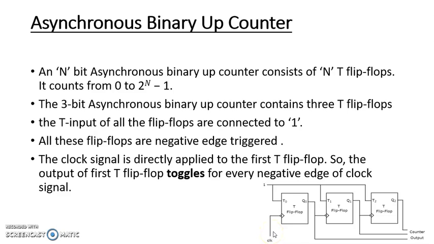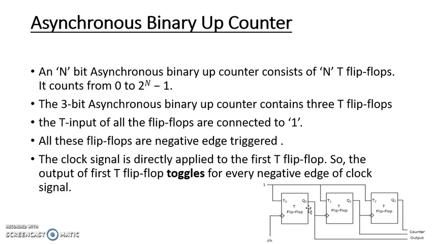Here only the first flip-flop's clock input is connected to the original clock pulse which is to be counted, whereas the second, third, and so on, however many flip-flops there may be, have their clock inputs connected to the state change output of the previous flip-flop.